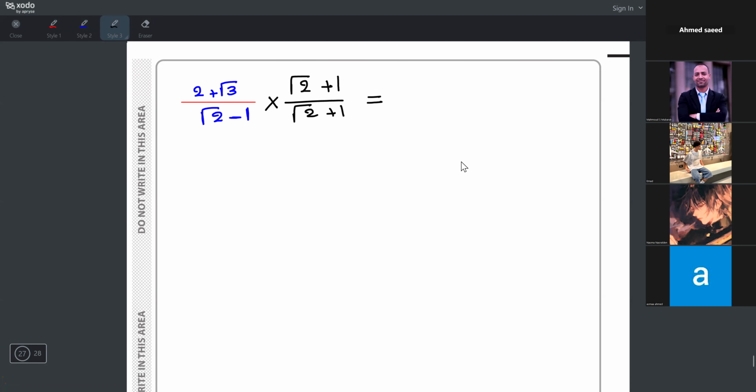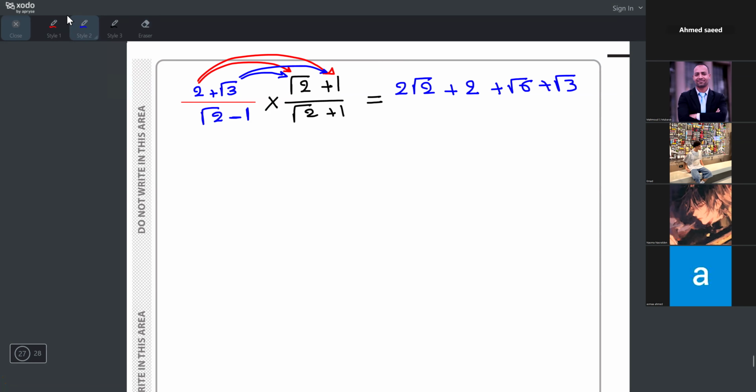Then root 2 times root 2 is 2, 2 times root 2 is 2 root 2, plus 2 times 1 is 2. Then root 3 times root 2 is root 6, and root 3 times 1 is root 3.